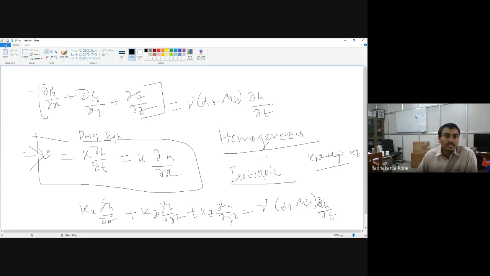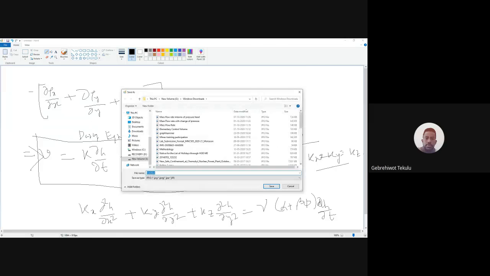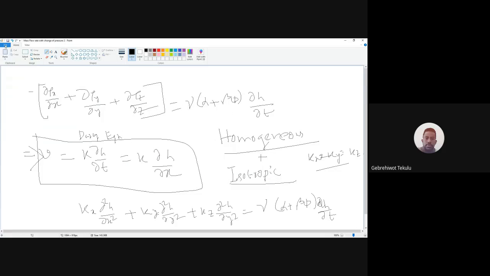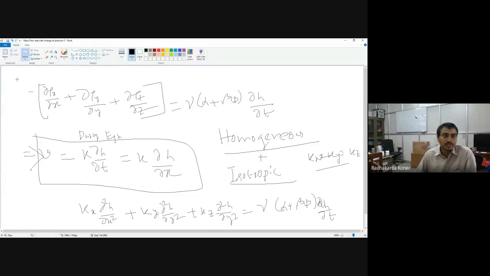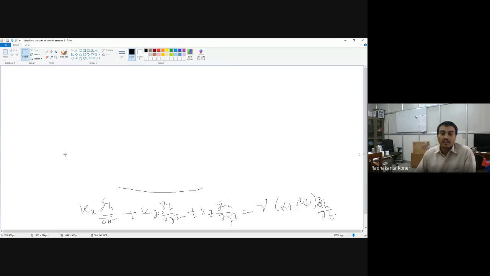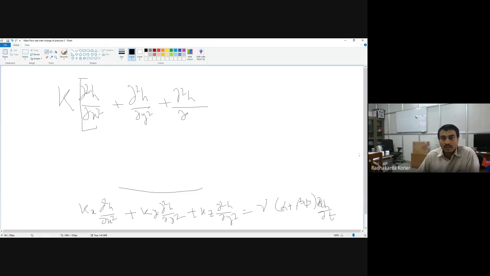Then we can represent it, now if I delete that above term, like this: k into del square H by del x square plus del square H by del y square plus del square H by del z square is equal to S, the storage index that we have studied, del H by del t.